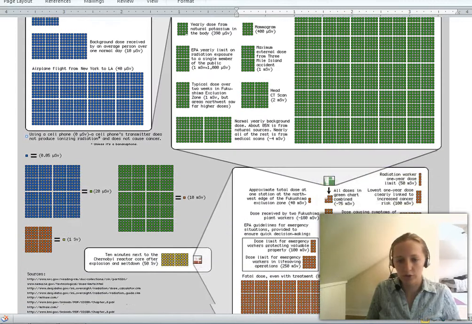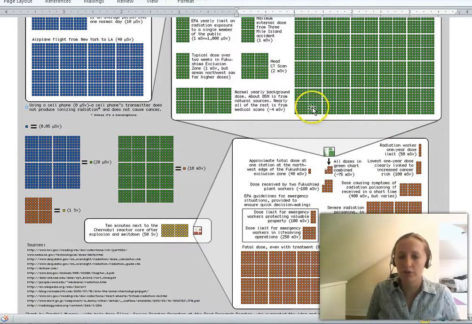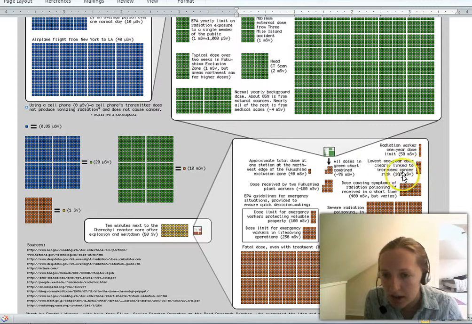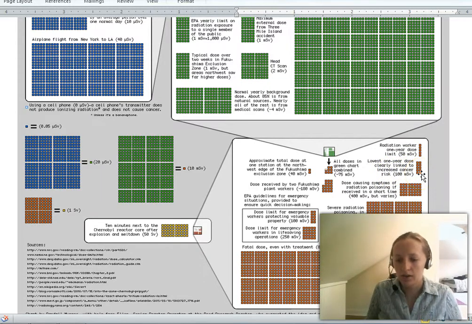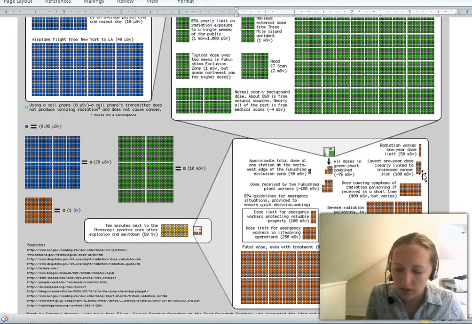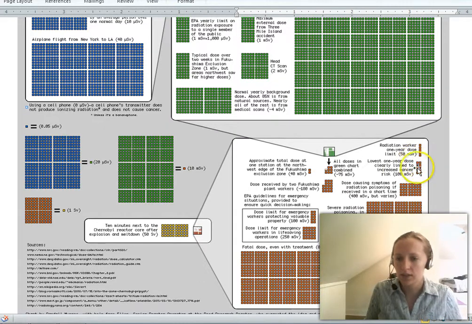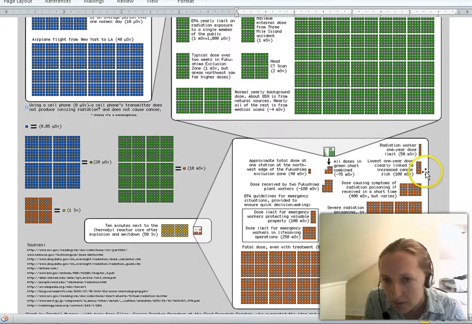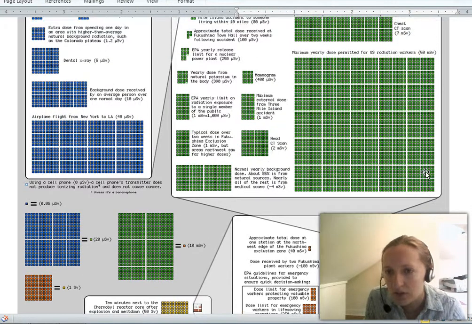All right, so green to red, there are 500 green dots in a red dot. And remember that there are 400 blue dots in a green dot. So when you get here, you've got this many red dots, which is how many green dots? 500, 100 millisieverts.